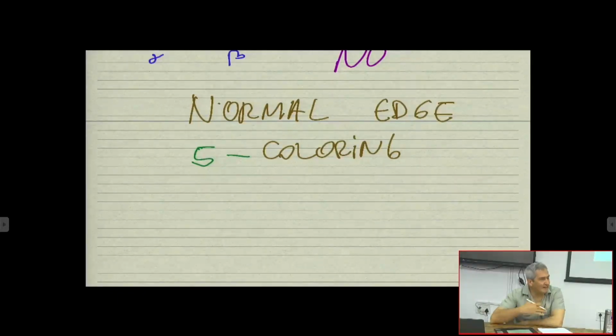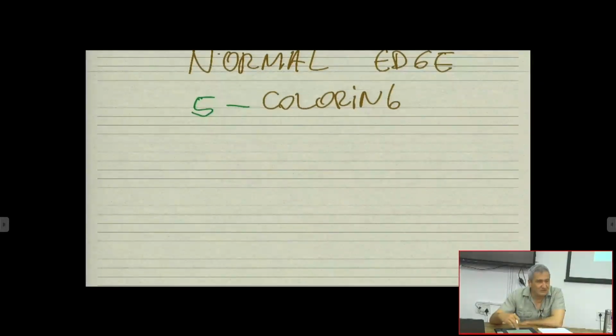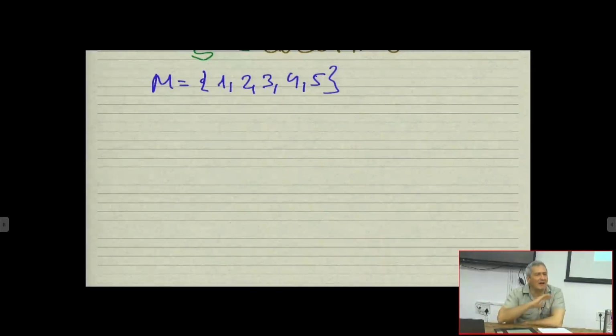Originally, it was defined first Petersen edge coloring, Petersen graph edge coloring, and then the normal coloring was introduced. We go the other way around now. Maybe this way is simpler. We will use the colors from 1 to 5. Our graph is cubic. Okay?